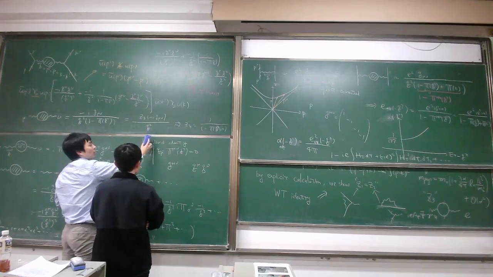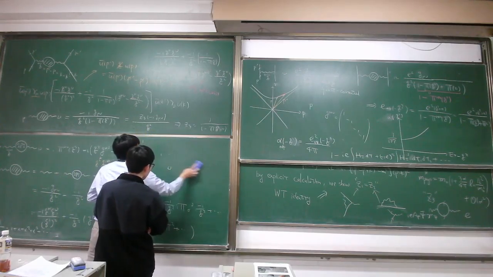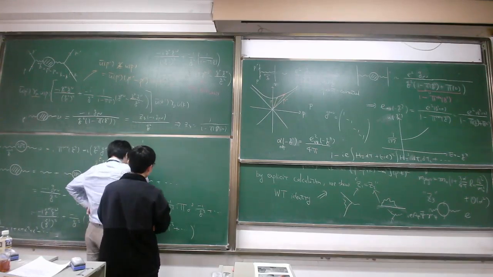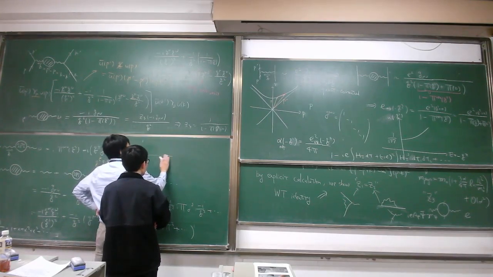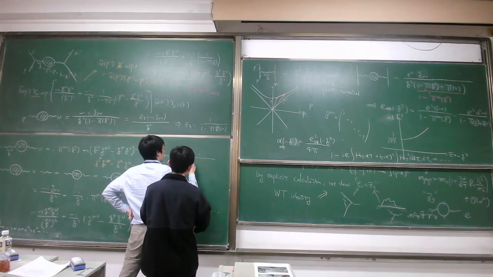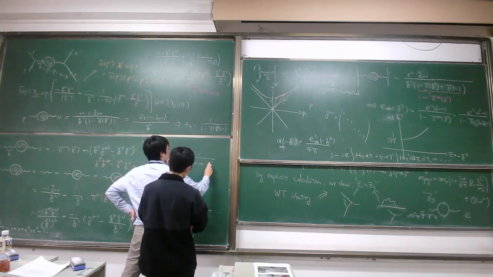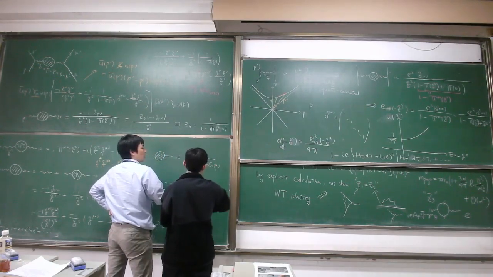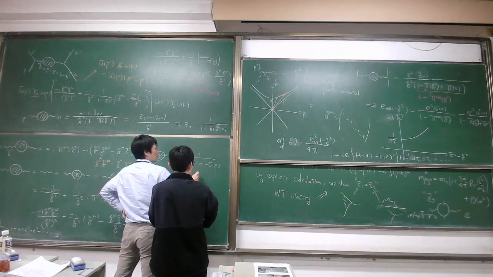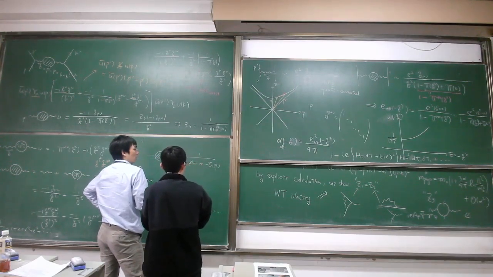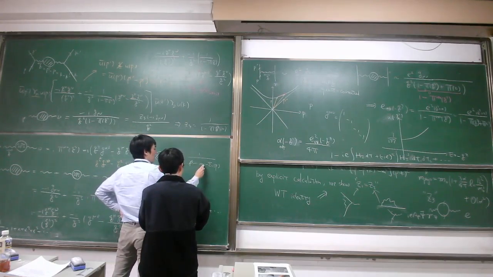Pole of this propagator. So as you recall, when you do this diagram, then what we have is i over p slash minus m.